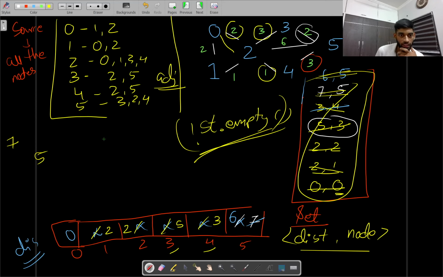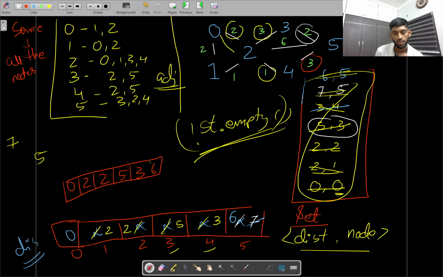So the final array that we have obtained is 0, 2, 2, 5, 3, and 6. This is our final array that we have obtained: 0, 1, 2, 3, 4, 5. These are the distances.